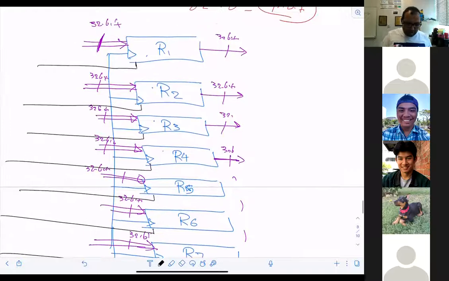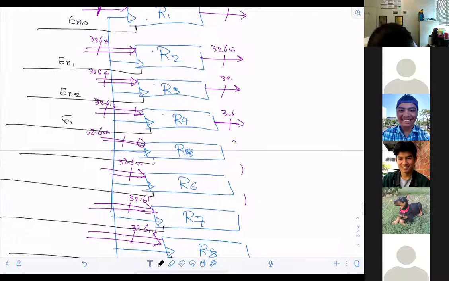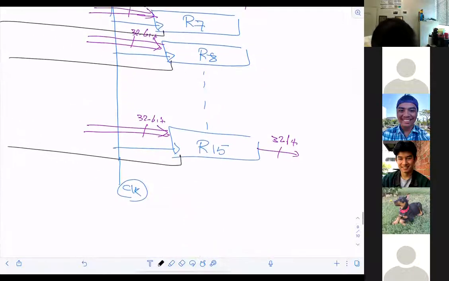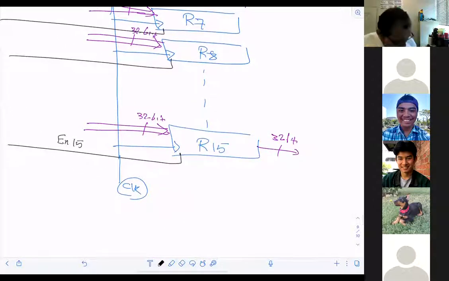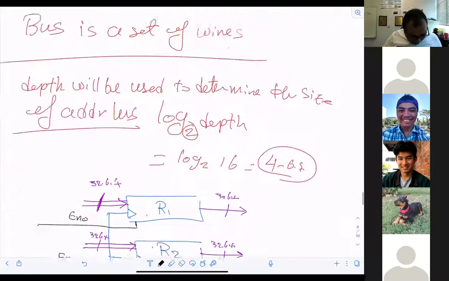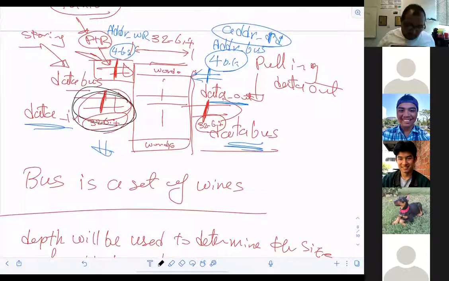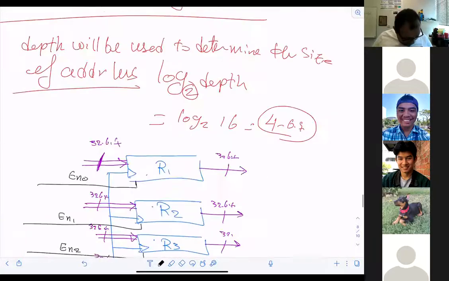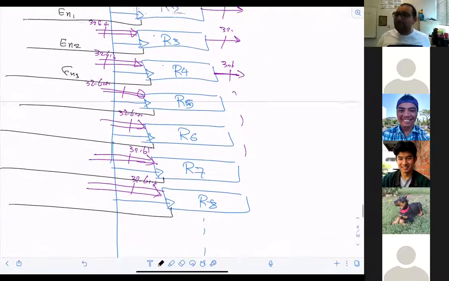Sounds good? So this is EN0, EN1, EN2, EN3 up to EN15. And on top of that, we have one input data bus here, right? Do you guys agree? But I see here in front of me 16 inputs.